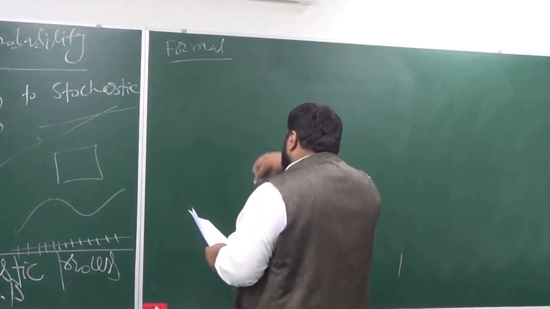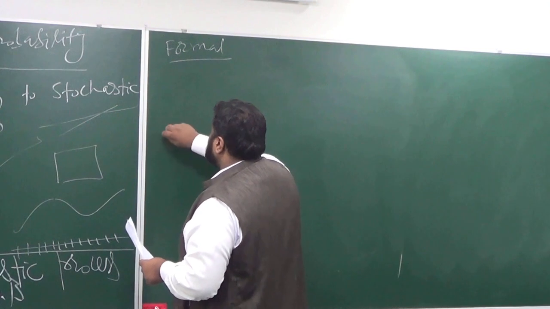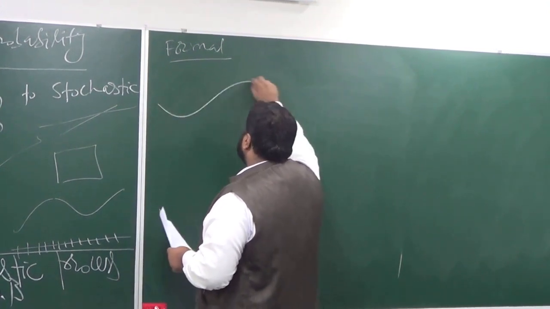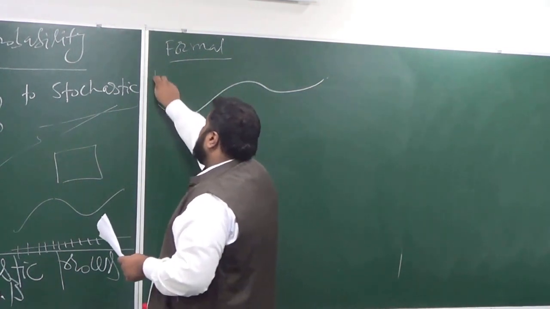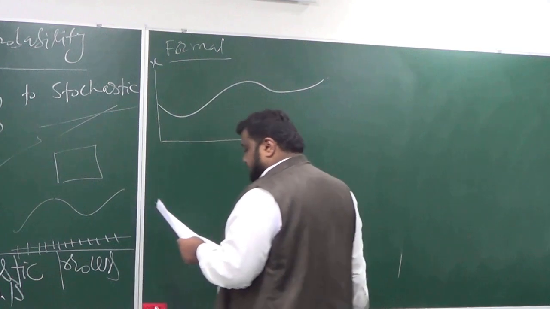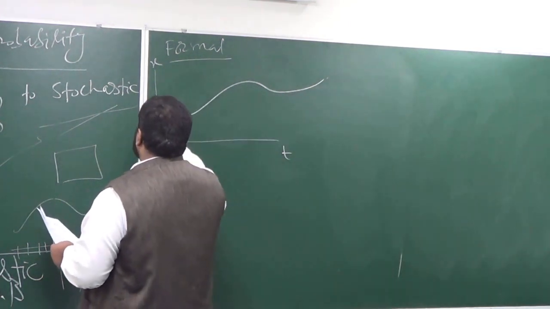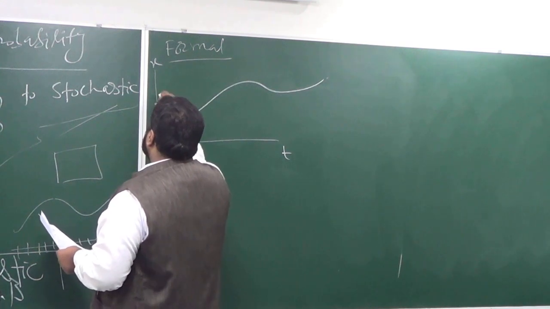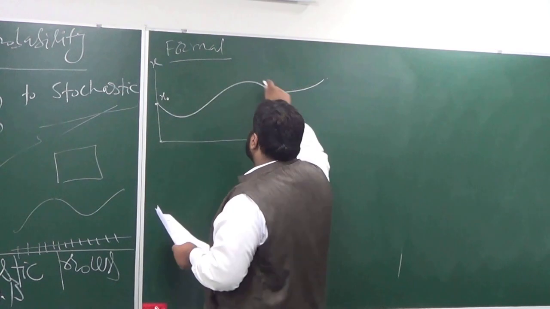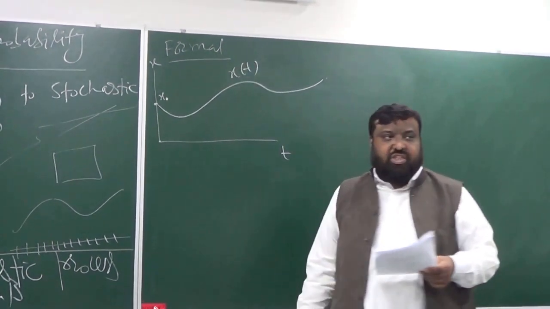So imagine you have a particle, and this is the trajectory of the particle versus the x-axis. At time zero, the particle has this position x naught, while this smooth trajectory we call x of t.